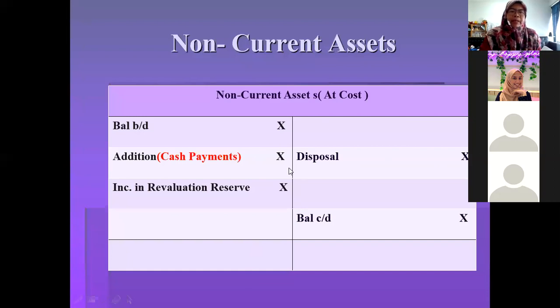And then the missing figure will be the cash payment purchase. So the amount 113,250. Sebenarnya 113,250 given to you already in part B. So dalam question, kalau dia dah bagi dah cash payment when you purchase the non-current asset, terus je transfer the amount. Kalau dia tak bagi, then only you open this account.